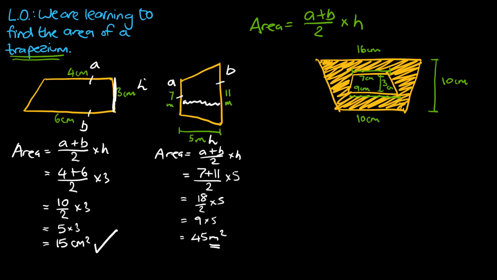Noting that this time around it's meters squared as opposed to centimeters squared from the previous question, and that's because the units in the question had changed. They're of a different measurement. So hopefully you understood that, and that made sense.